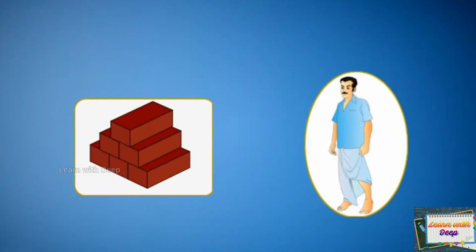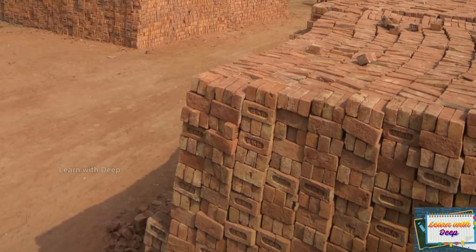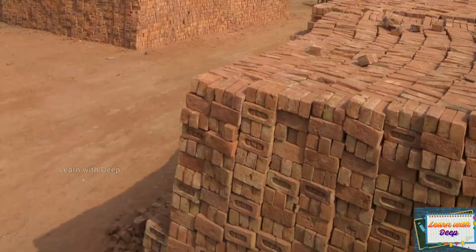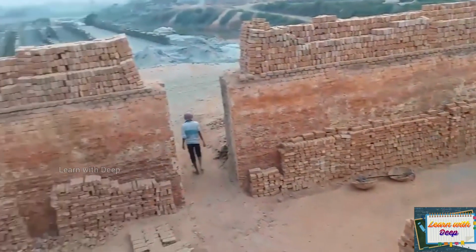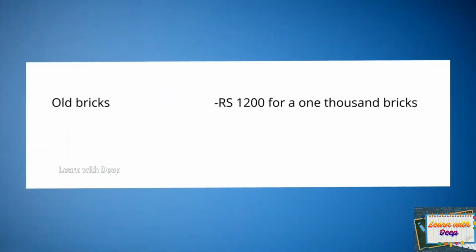Bhajan went to buy bricks. The price was given for 1000 bricks. The prices were also different for different types of bricks. Old bricks, rupees 1200 for 1000 bricks.